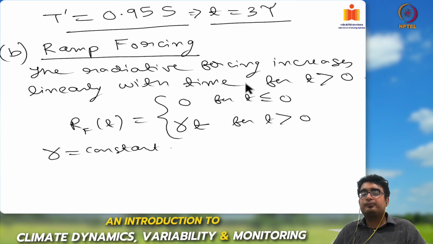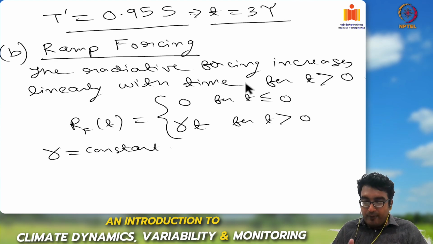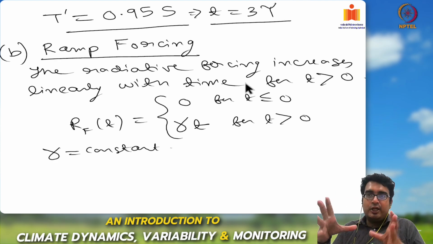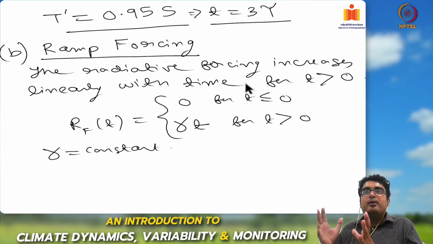Okay. Now here we have a constant radiative forcing. What if the radiative forcing is increasing linearly with time? This is the kind of function that our planet is currently undergoing due to the anthropogenic greenhouse effect. We will show later that the relationship of the radiative forcing due to CO2 with the concentration of CO2 is logarithmic.